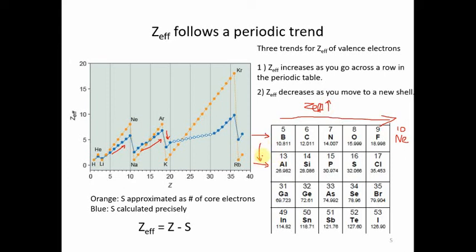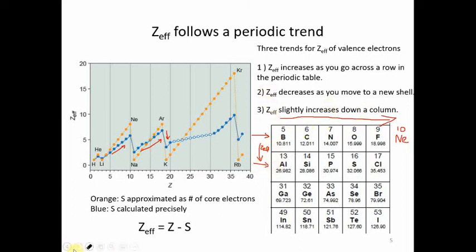So in other words, as we go down, the effective nuclear charge goes down as well. And then the third one is related to that, and that's the effective nuclear charge going down the column.